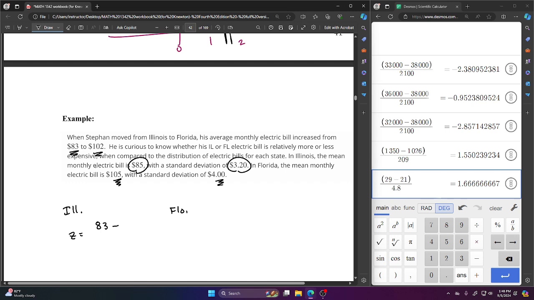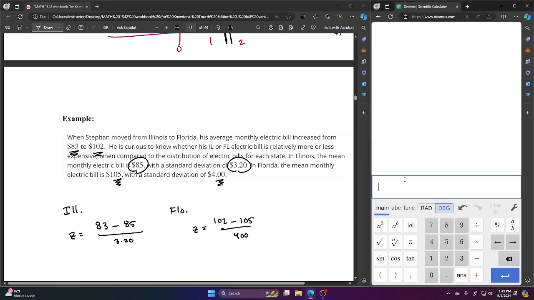So the average for Illinois, 85, and then divided by 320. Cool. But his new value is 102 minus the average, divided by 4.0. Let's test them out and see what's going on here.